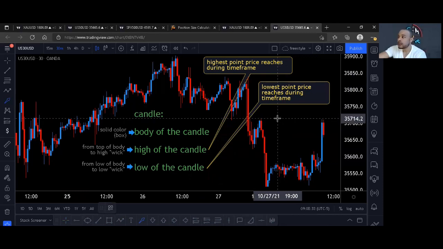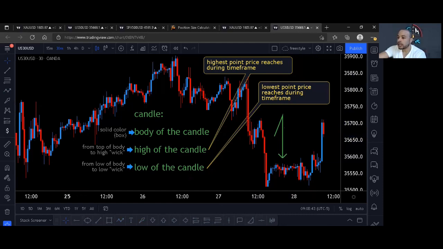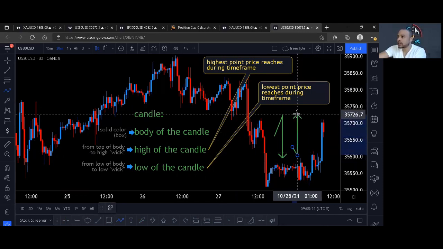That's what the wicks are going to tell you. It's going to tell you that price was going up and then stopped during that candle time frame and came down. Or it's going to tell you that the market was going down during that candle time frame and then it decided to close and go upward.